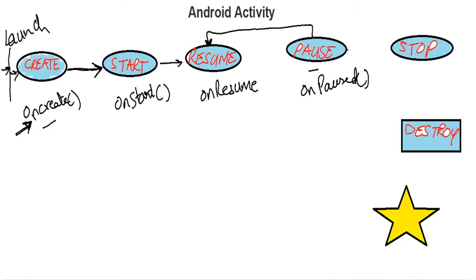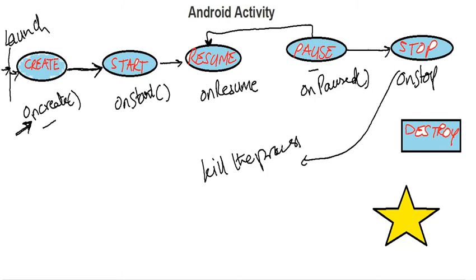In the same way, the next phase or step in the activity lifecycle is stop, which is onStop. onStop means that the activity is maybe now hidden, and the user has navigated to some other activities. So during onStop, the system process can also kill the activity process.